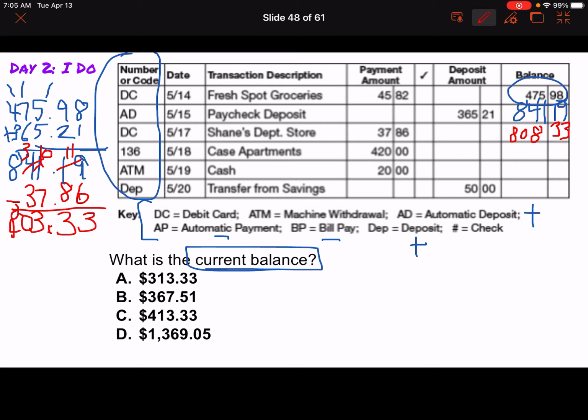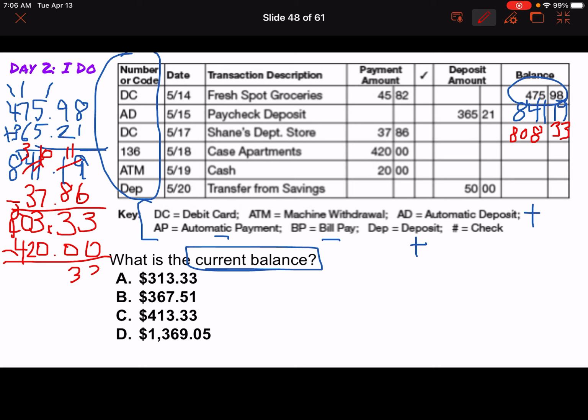Next, we write a check to pay off the apartment, I believe, for $420. So 803 subtracted by 420. Line up your decimal place.